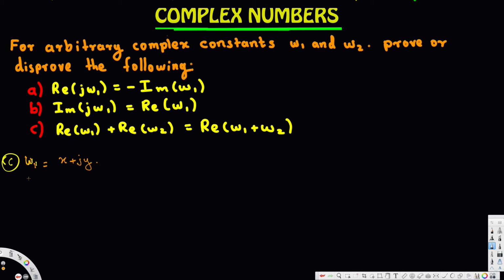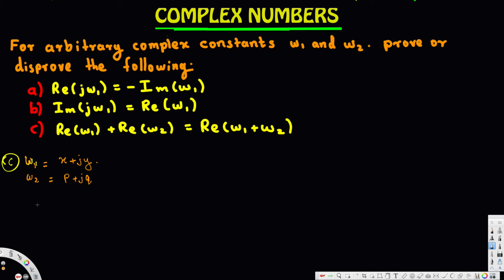Now we need another complex number to prove this one, because we are dealing with w2 too. So let's create w2 based on other terms, like p + jq. This is another complex number. Here we want to prove the real part of w1 plus the real part of w2 is equal to the real part of w1 + w2.